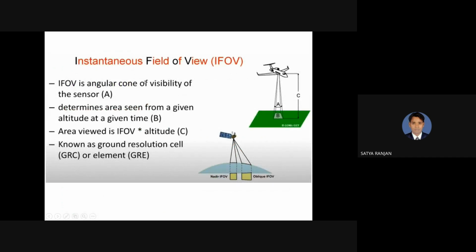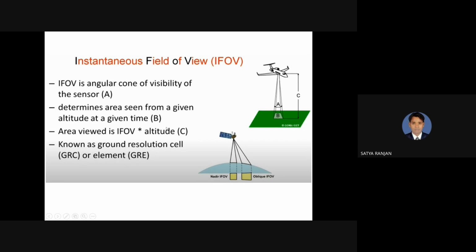Then sometimes it is also asked in the exam: what is the instantaneous field of view? It is the angular cone of visibility of the sensor. It is the IFOV. It covers the area on the ground, which determines the area seen from a given altitude at a given time.